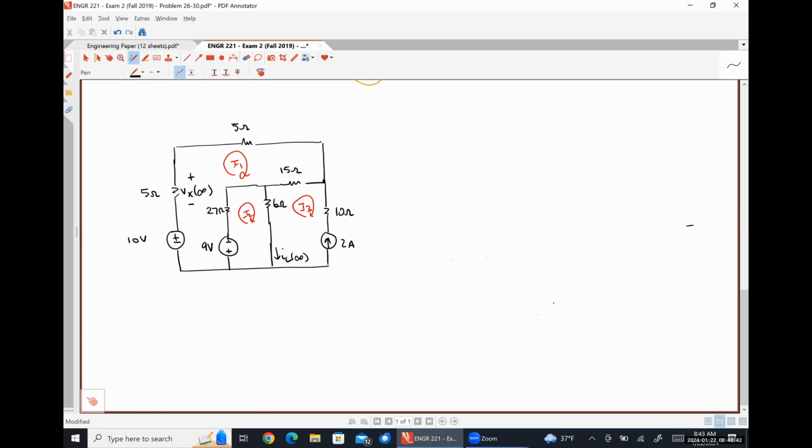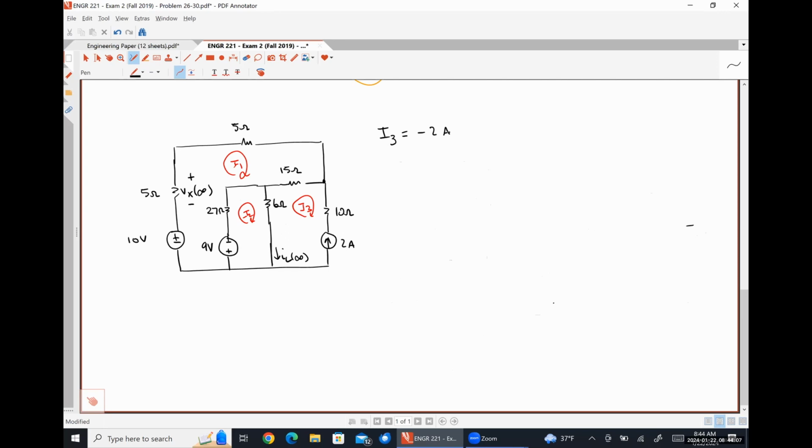And looks like mesh analysis is probably going to be the best way to solve for Vx and IL for this as well. So let's just leave those mesh currents labeled I1, I2, and I3 and put them into use. So once again, we can see that I3 is negative 2 amps. And now we're going to have to write a KVL equation around mesh 1 as well as mesh 2.